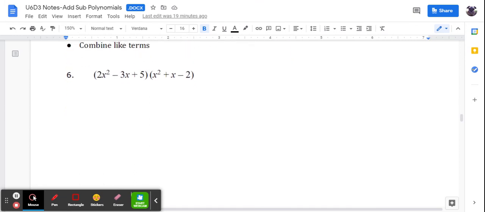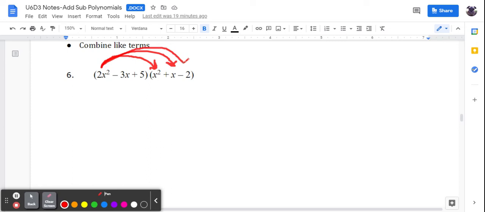So let's go ahead and take a look at this trinomial. So we have three terms with this trinomial here. So remember, you're going to distribute. So we're going to take this 2x squared and multiply it to every single term inside of this parentheses. Okay, so we're going to take 2x squared times x squared. So multiply the numbers in the front and add the exponents.